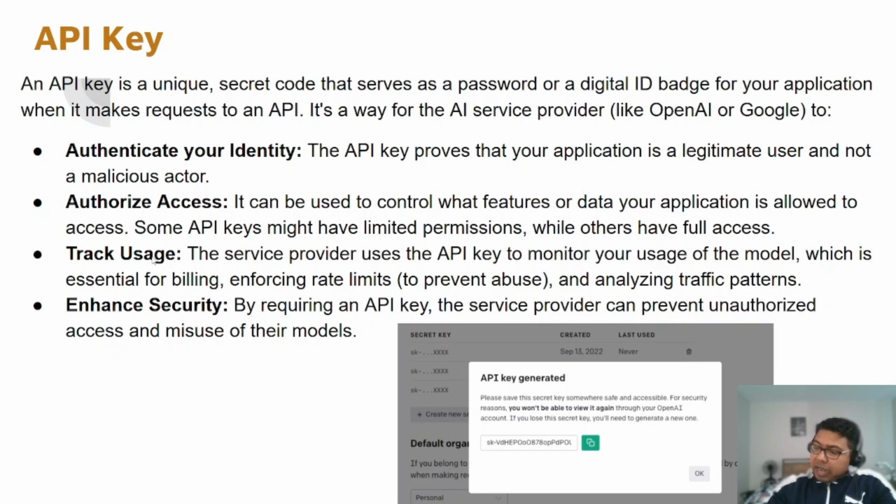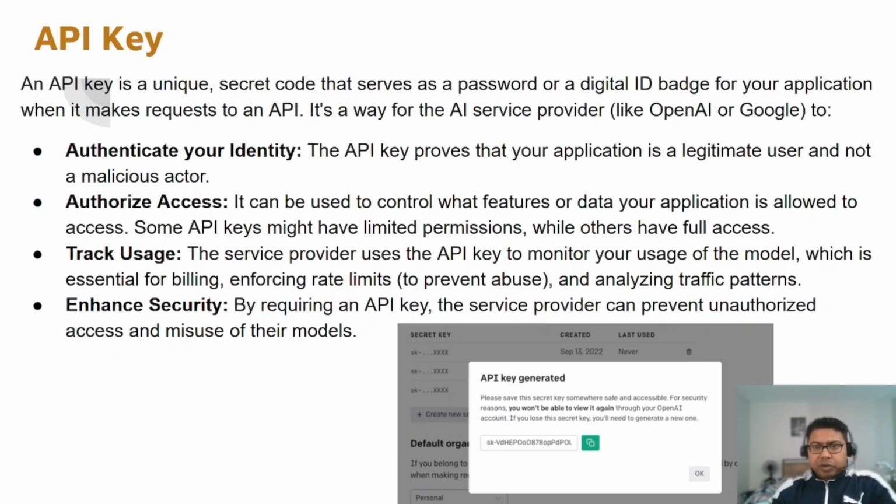Say we are only allowed to ask 100 questions per day, not more than that. So the API key also tracks that okay, now you have done 100 questions already for today. When we ask the next question, there will be a response coming back that your quota is covered, you cannot ask any more questions today. So that is again handled by the API key.